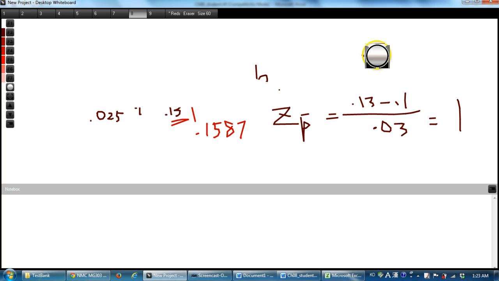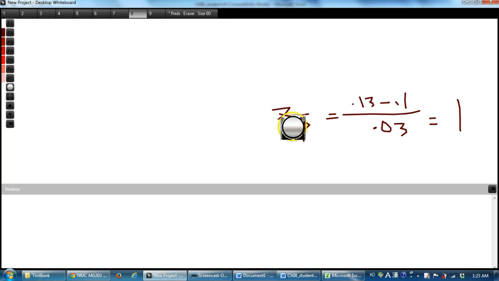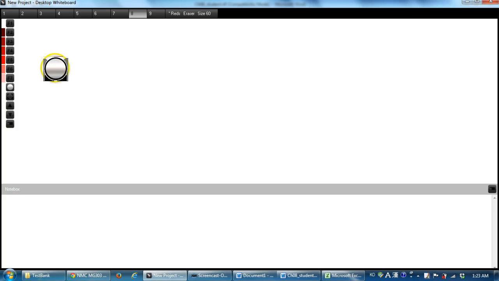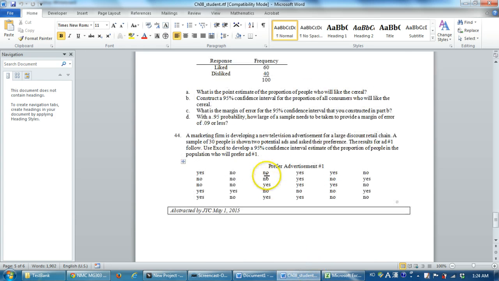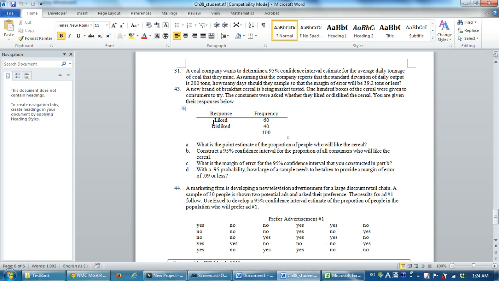A new brand of breakfast cereal is being market tested. 100 boxes of the cereal were given to consumers, and 60 out of 100, which means 60% like it and 40% don't like it.